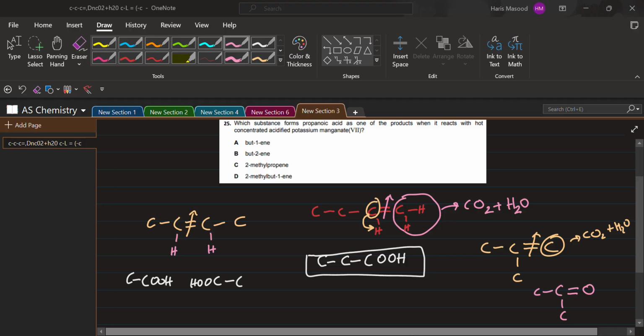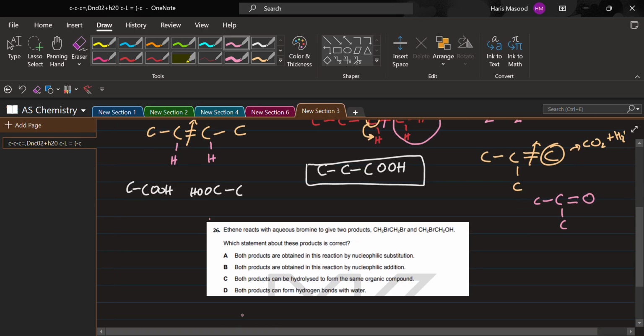Okay, for the second one, what was your answer? Let me just show. D. Okay, again let me just paste it here. Ethene reacts with aqueous Br2. We did write this equation.